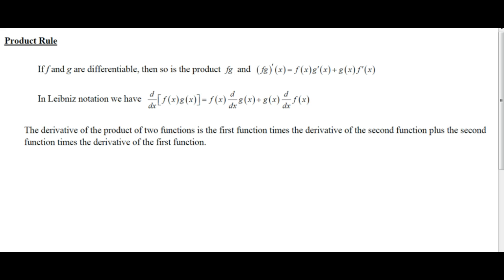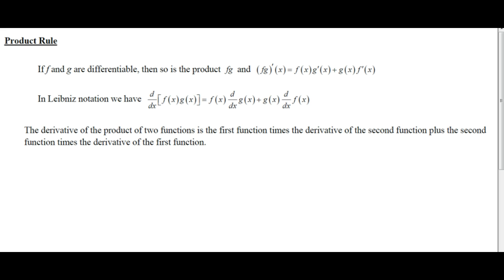Now, being as it's adding, it really doesn't matter what order you do it in, right? Addition is commutative, so you could do the second function, whatever. In Leibniz notation, we have d by dx of f of x times g of x is equal to f of x times d by dx of g of x, so the first function times the derivative of the second, plus g of x times d by dx f of x.